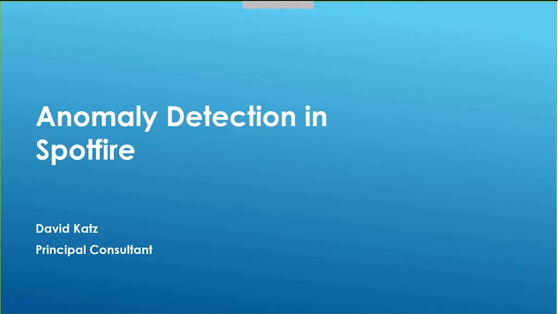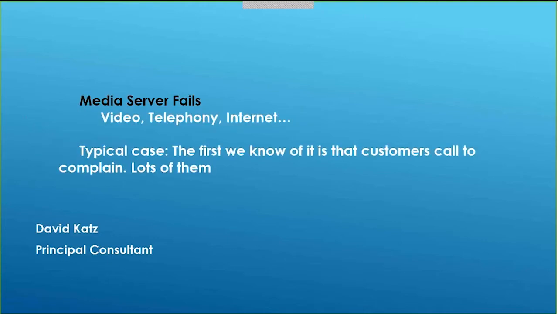I'm a consultant in the data science group, and I'm going to talk about anomaly detection, specifically using a technique called the autoencoder, which is a type of deep learning neural network.